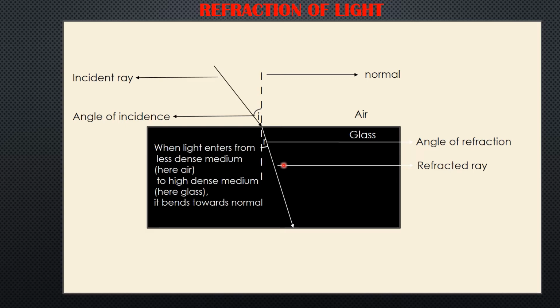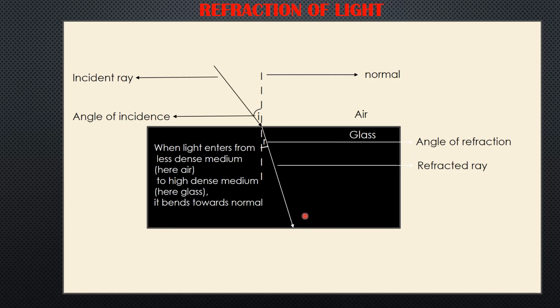So the concept is when light enters from less dense medium to high dense medium, it bends towards normal. In this diagram you can see angle of refraction is less than the angle of incidence because the light, when it passes through high dense medium, it slows down and it refracts, right?